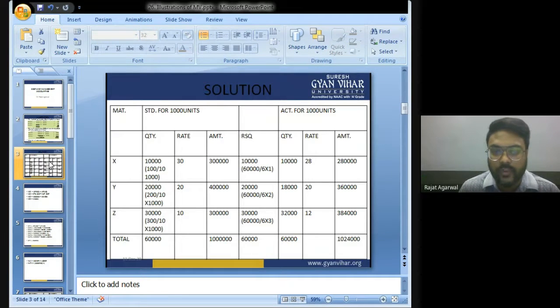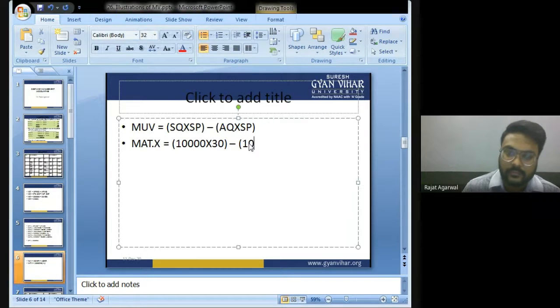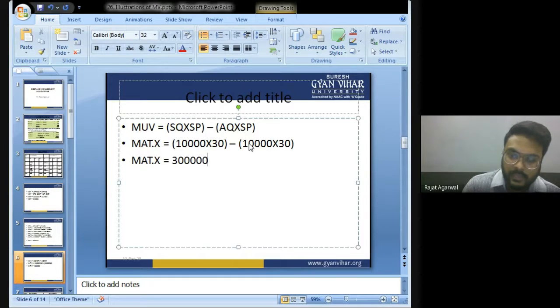Actual quantity of X is 10,000 into standard price 30. 3 lakh minus 3 lakh equals to nil.